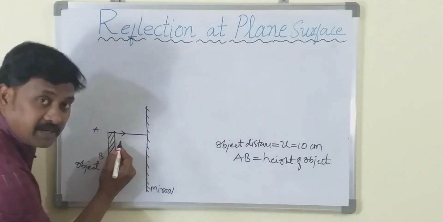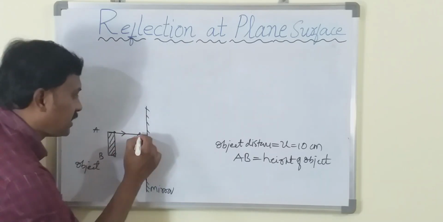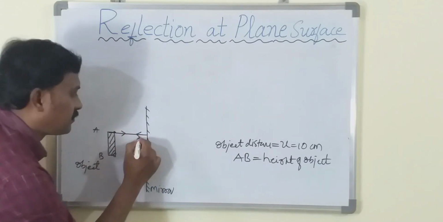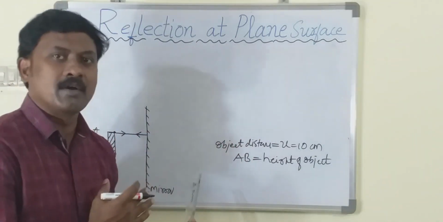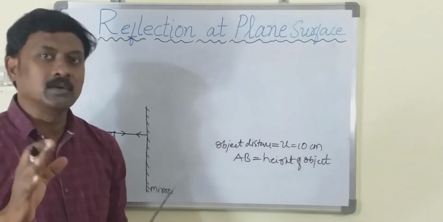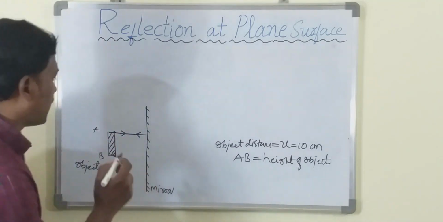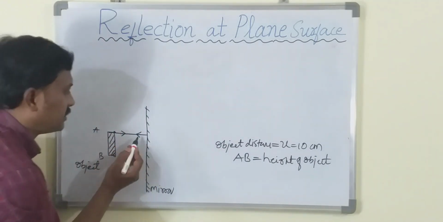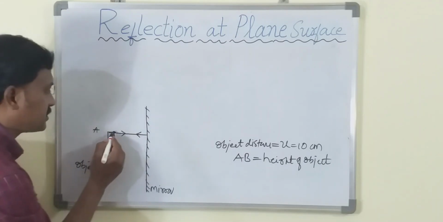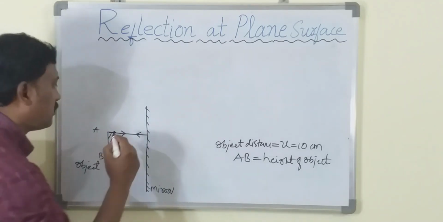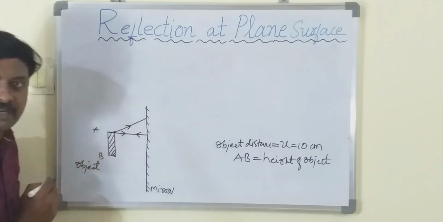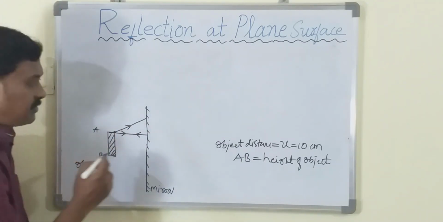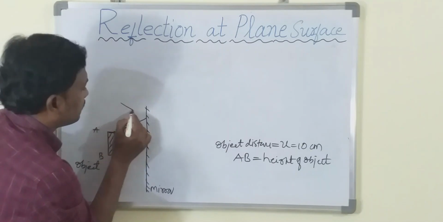This is the incident ray, and it will reflect back following the laws of reflection. Please remember that whenever you draw ray diagrams, they follow the laws of reflection. This is the incident ray and this is the reflected ray. Now from the same point you have to draw one more incident ray. This is the second incident ray. Following the laws of reflection, the ray is reflected like this.